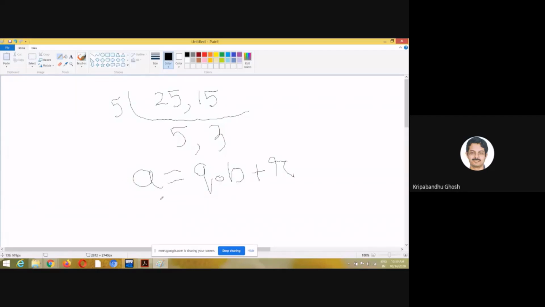A is the number which is getting divided, and I'm dividing it by B. So this is the dividend, this is the divisor, and Q is the quotient.